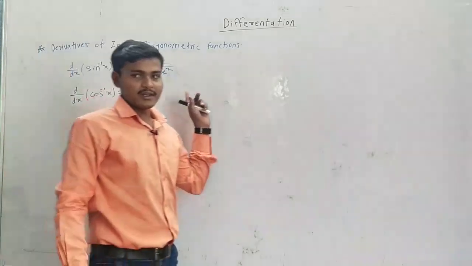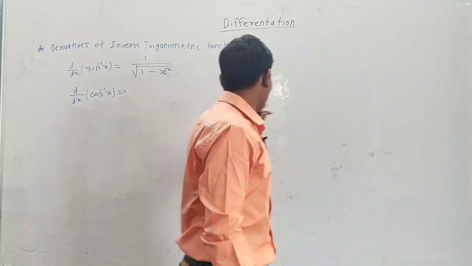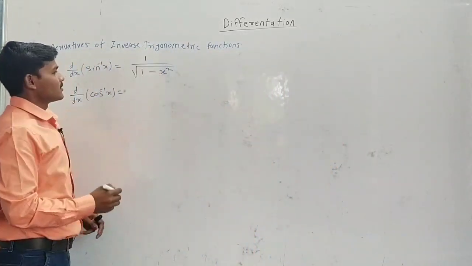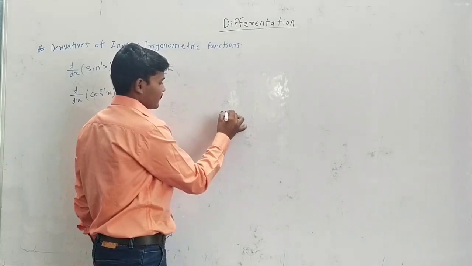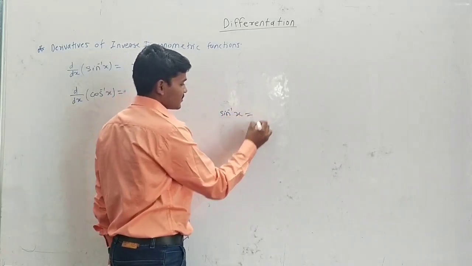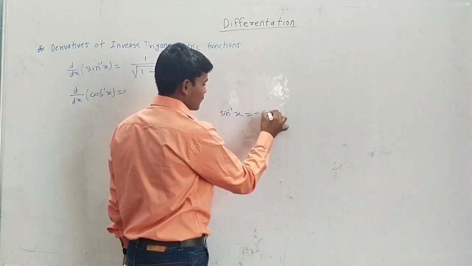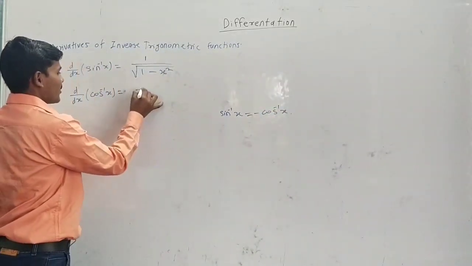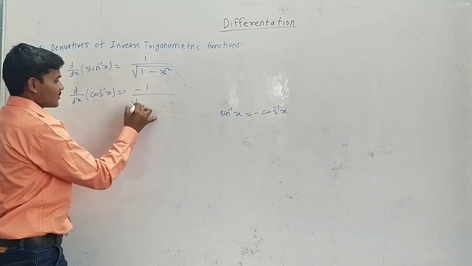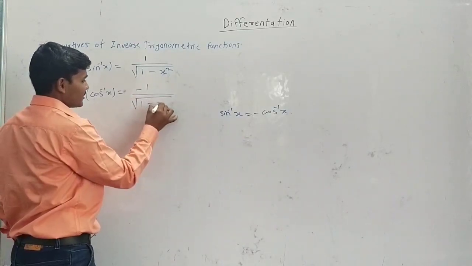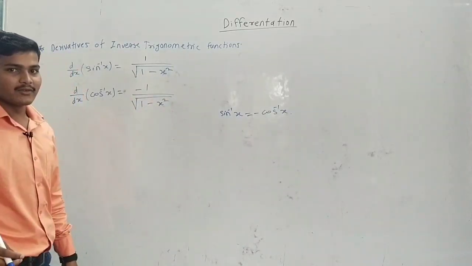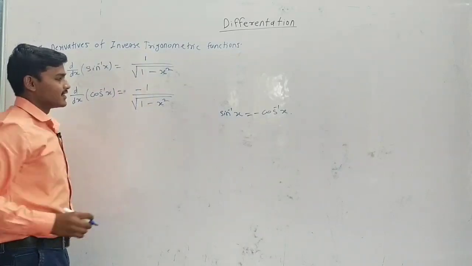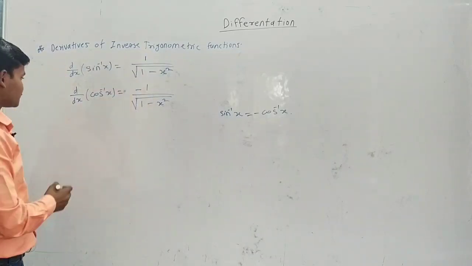Simple trick to learn inverse trigonometric formulas: the derivative of sine inverse x is the minus of cos inverse x. Now here it is minus 1 by root 1 minus x square. The difference is that only the minus sign is there in the cos.